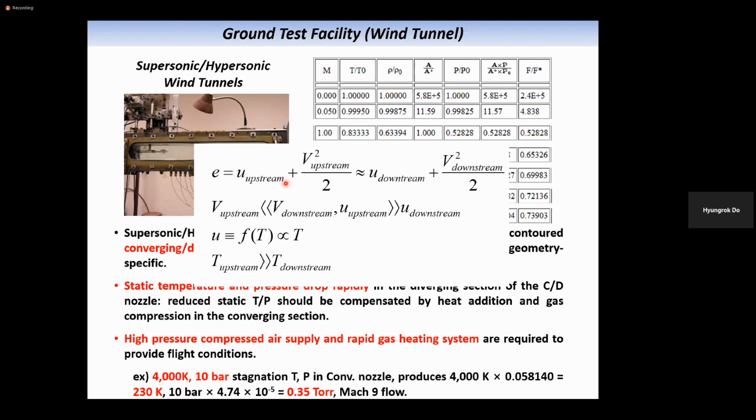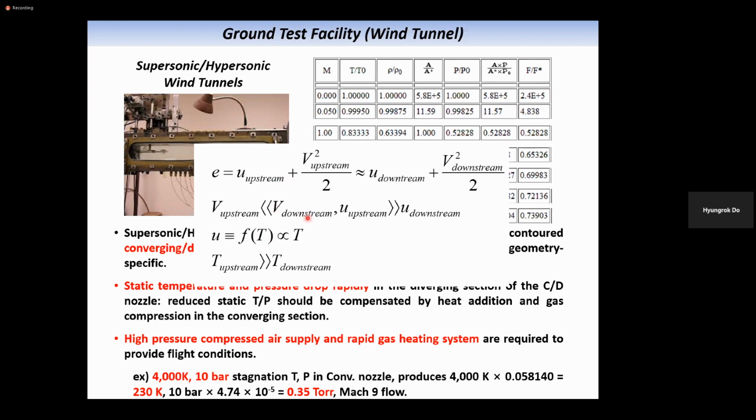Typically, internal energy is much larger than the kinetic energy of the gas, and the typical velocity where the kinetic energy is negligible is like Mach 0.1 or 0.2. So Mach 0.1 or 0.2 is still a fast velocity, like 30 meters per second or 60 meters per second, let's say. So that is quite fast flow, but still the kinetic energy of that flow is almost negligible compared to the internal energy.